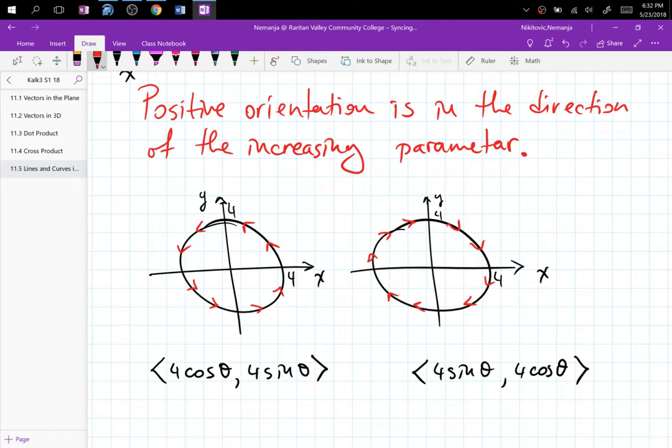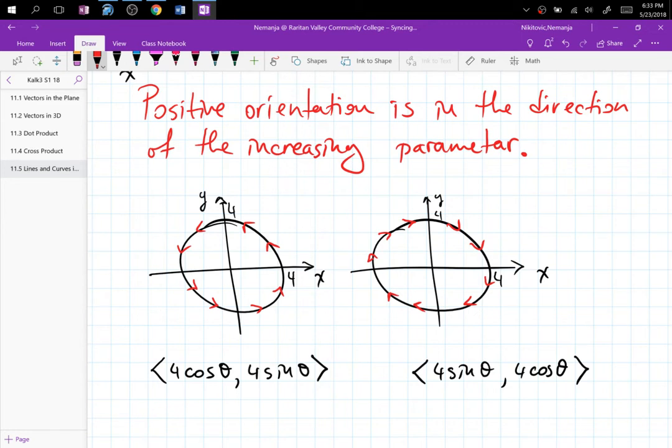So, how do I know that this is the orientation that we have? Well, that's very simple to check. What do I get for theta equals 0? Cosine of 0 is 1, so I'm getting 4 on the x-axis, and sine of 0 is 0, so 4 times 0 is 0. I'm getting 4, 0. That is this point here. Now let me increase theta from 0 to, say, pi over 2. Cosine of pi over 2 is 0, and sine of pi over 2 is 1, so that's 4.